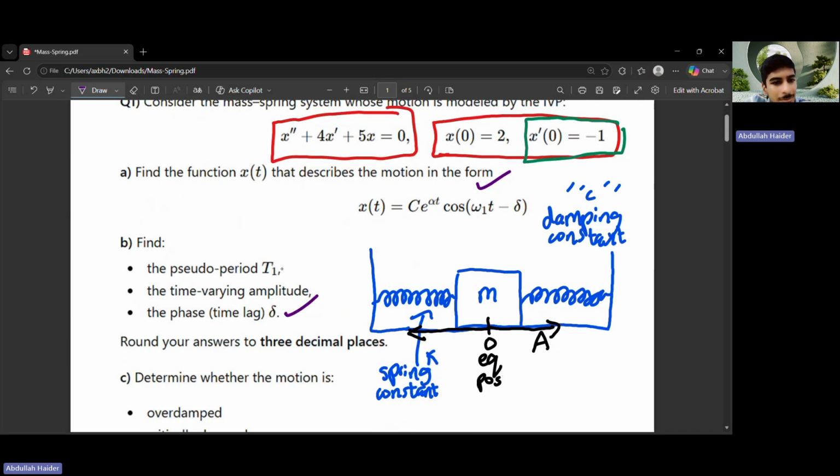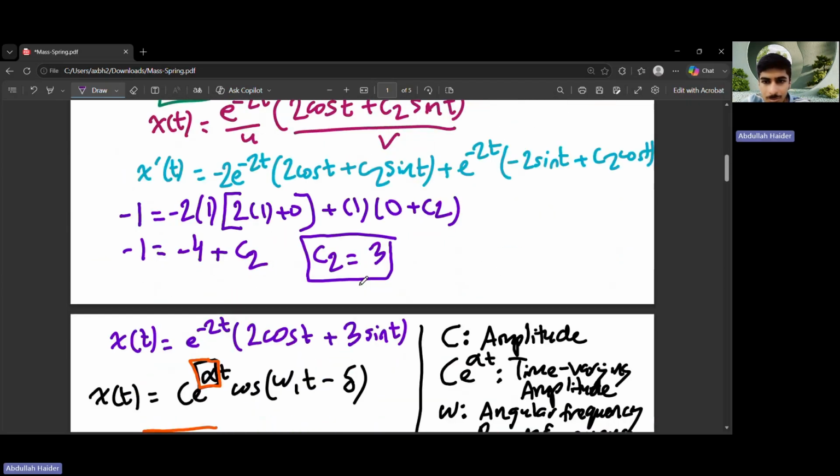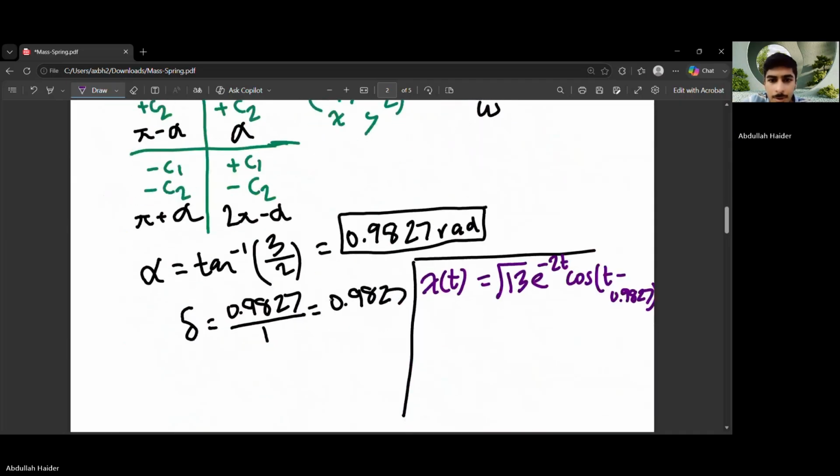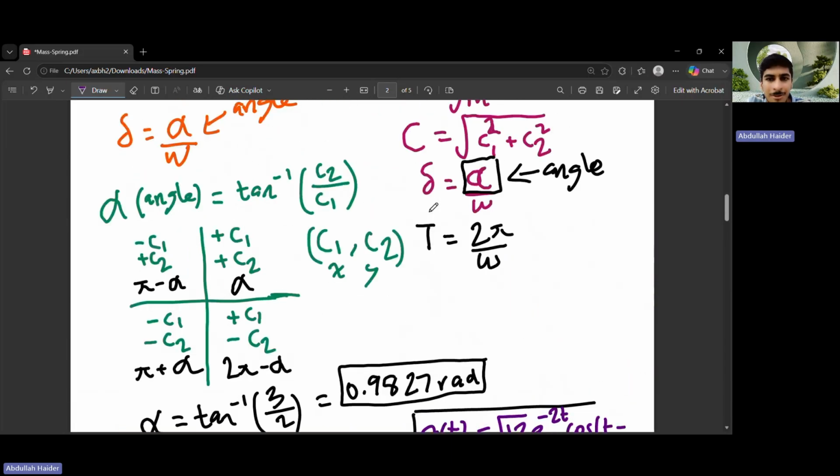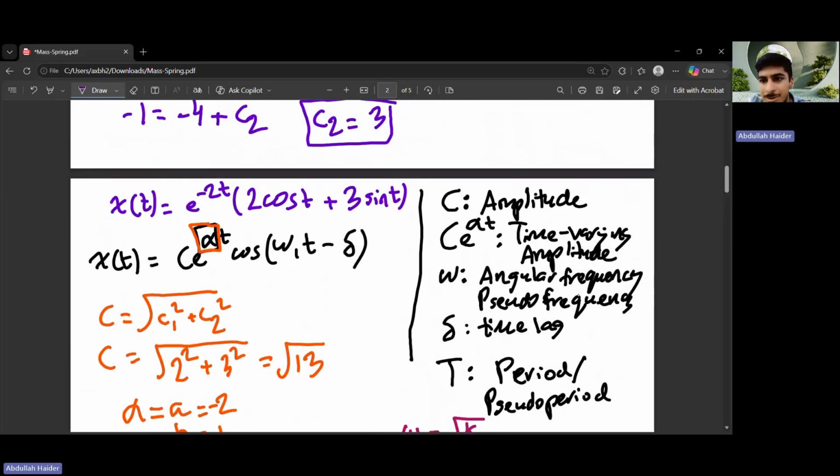We need to find our pseudo period and the time varying amplitude. So we need to find our period, which is 2 pi over omega. So 2 pi over 1 is 2 pi seconds. Now we have found the period, or the pseudo period. It really doesn't matter. And we need to find our time varying amplitude. This is already straightforward.